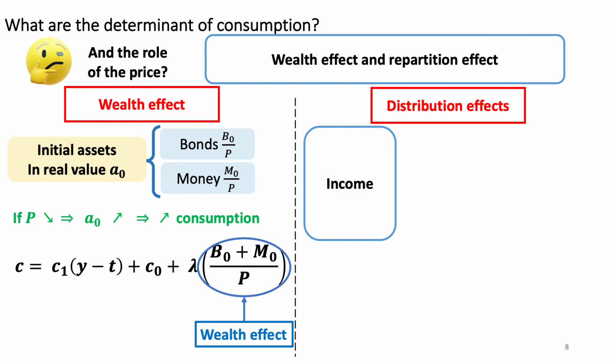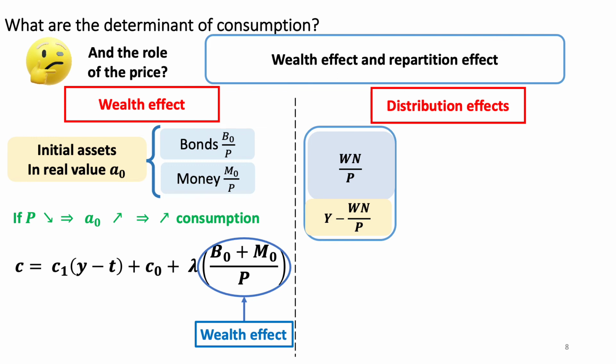The second example is the consumption function with distribution effects. The income can be split into two categories: salaried income, wages, and non-salaried income, interests and dividends. Keynes made the assumption that the income from wages and other types of income were consumed in the same way, meaning that they have the same propensity to consume.